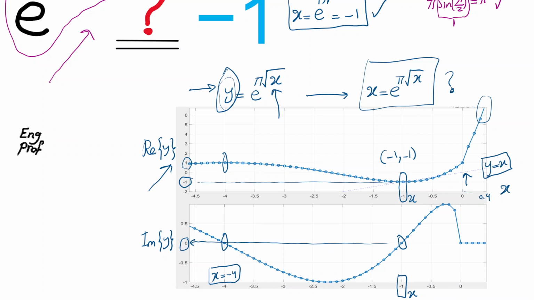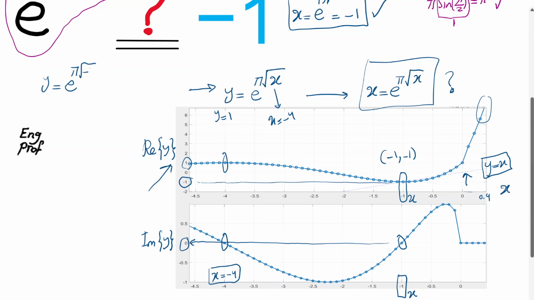So it's not helping us, because it means that when we feed x equal to -4 into this equation, y becomes 1. And it's sort of obvious, because in that scenario, y equals e to the pi root of -4, which is e to the pi root of 4i squared. i squared is -1, and it becomes e to the 2i pi, which is exactly 1.